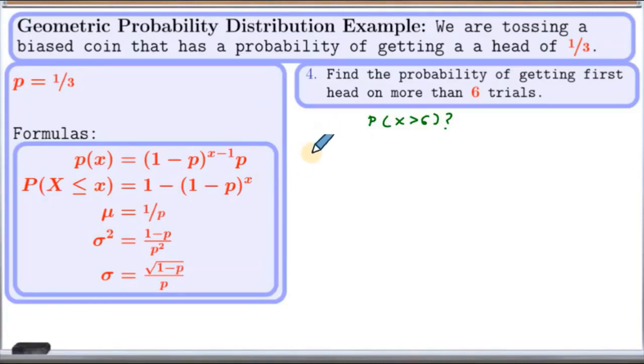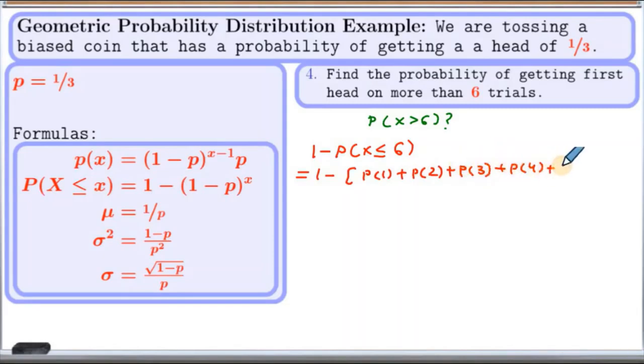What that means is we will have to find 1 minus the probability of this. For this whole thing, we can also write that as 1 minus, probability of 1 plus probability of 2 plus probability of 3 plus probability of 4 plus probability of 5 plus probability of 6.